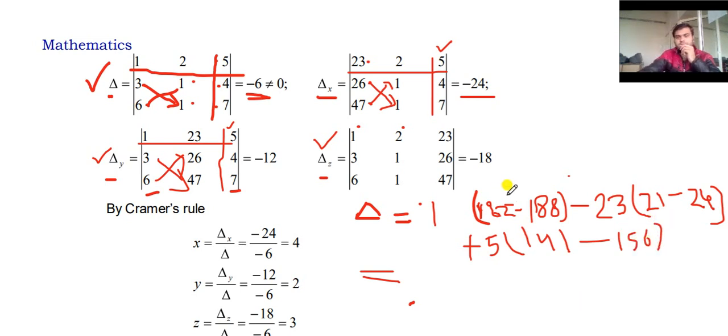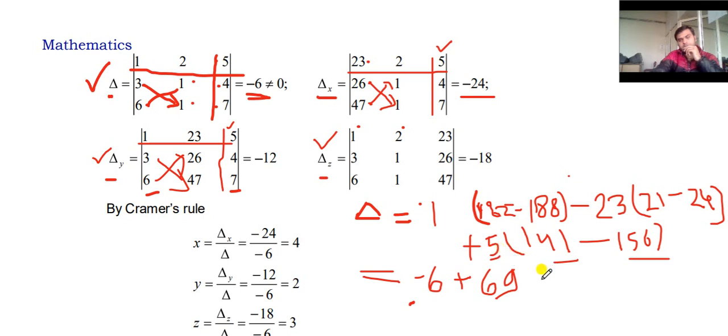Okay, so 182 minus 188, that is minus 6. 21 minus 24, that is minus 3. And when minus 3 is multiplied with this minus, this becomes plus, and 23 into 3, that is 69. 141 minus 156, that is minus 15.